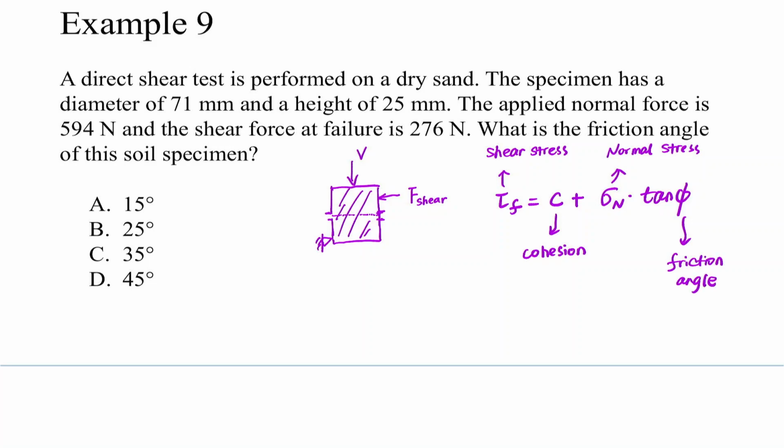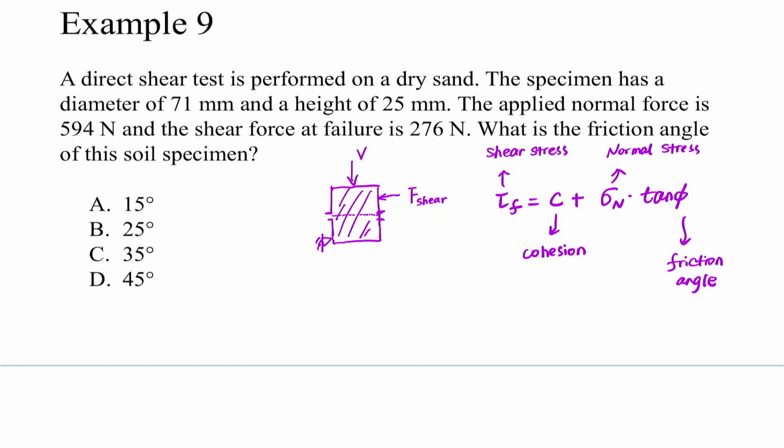So technically, you should have a friction angle prime, but I think the reference manual did not really distinguish the effective stress values from the total stress values. But I think that's fine.